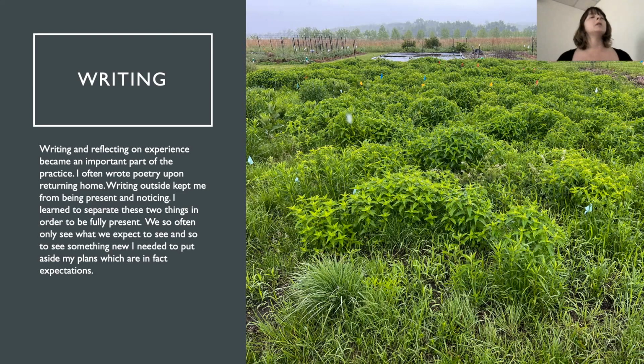And it also kept me from bringing any expectations to the field station of what I should see. So I think that's something that when Sheena was talking about the importance of doing this kind of research, even if you're not that kind of person, is that we might see things that we weren't looking to see because we didn't bring any sort of theory or idea to the place.